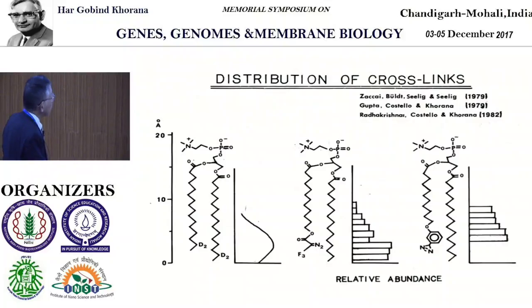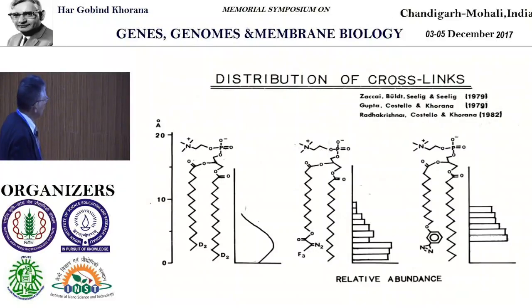Nevertheless, Radhakrishnan and Dr. Gupta both made the vesicles and photo-irradiated their samples and measured the distribution of crosslinks to the opposite strand using mass spec, and a beautiful bell-shaped pattern was obtained, at least this is a part, not complete.